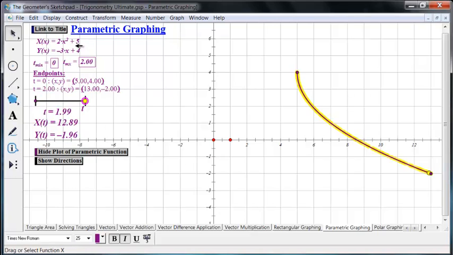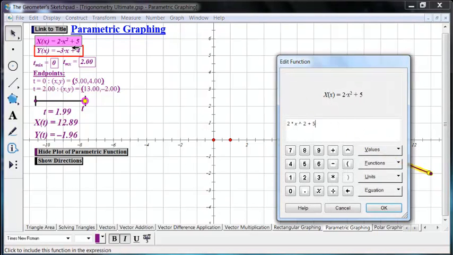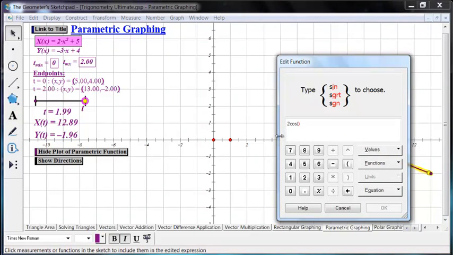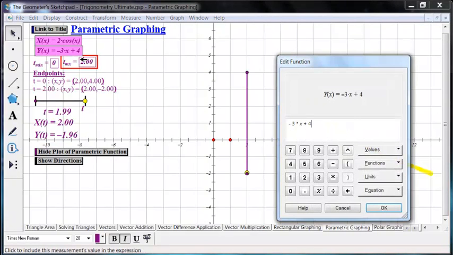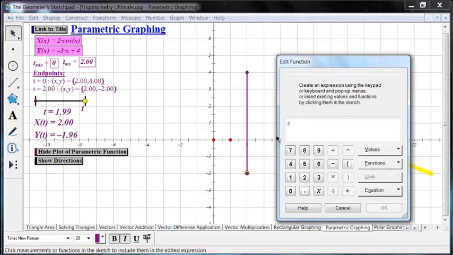You can change these to all kinds of things. So let's see, for example, what if I change this to 2 cosine of t, and y to be 3 sine of t.